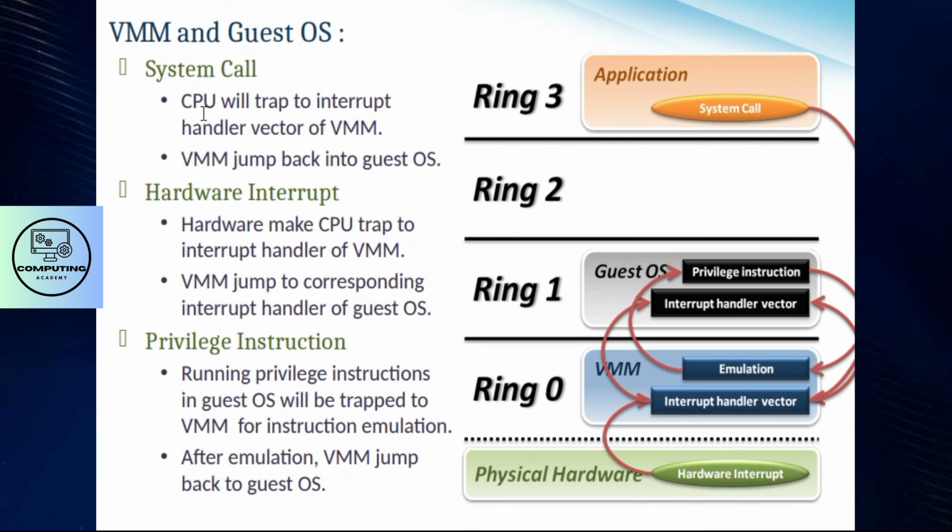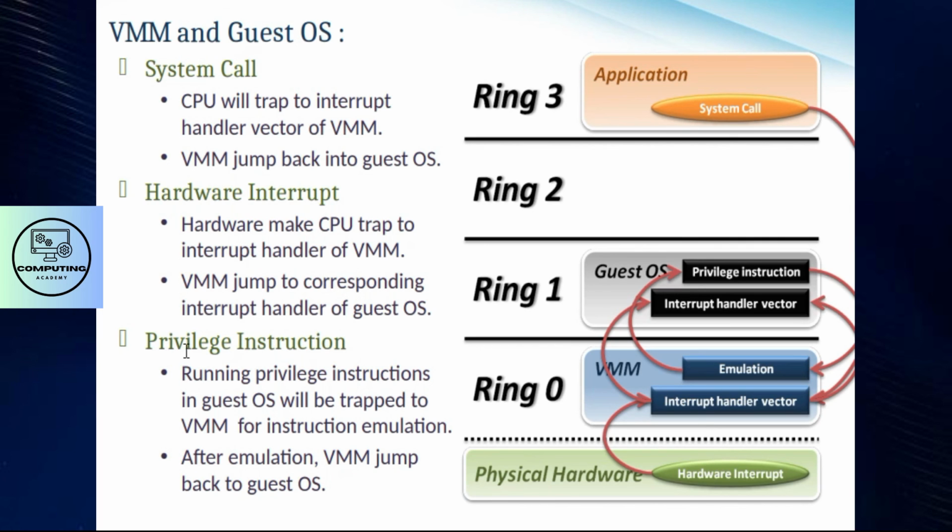System call includes: CPU will trap into the interrupt handler vector of VMM and VMM jumps back into the guest OS. If we talk about hardware interrupt, hardware makes CPU trap to the interrupt handler of VMM, and VMM jumps to the corresponding interrupt handler of the guest OS.